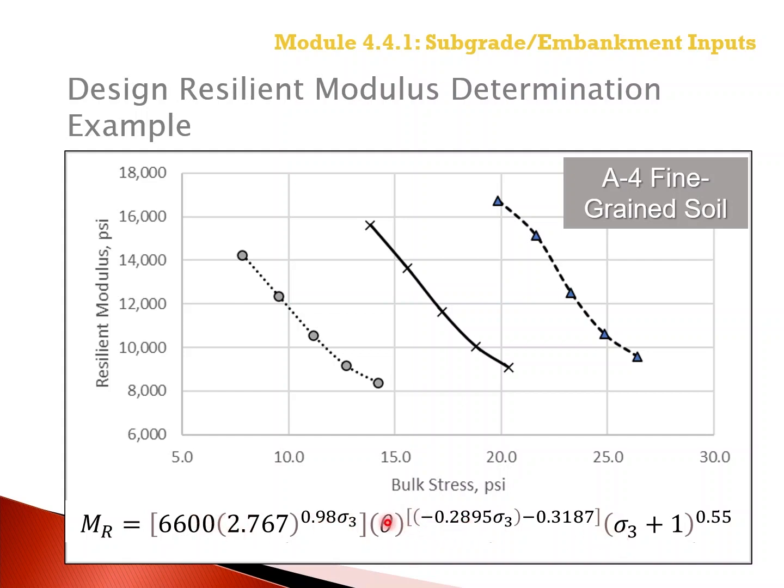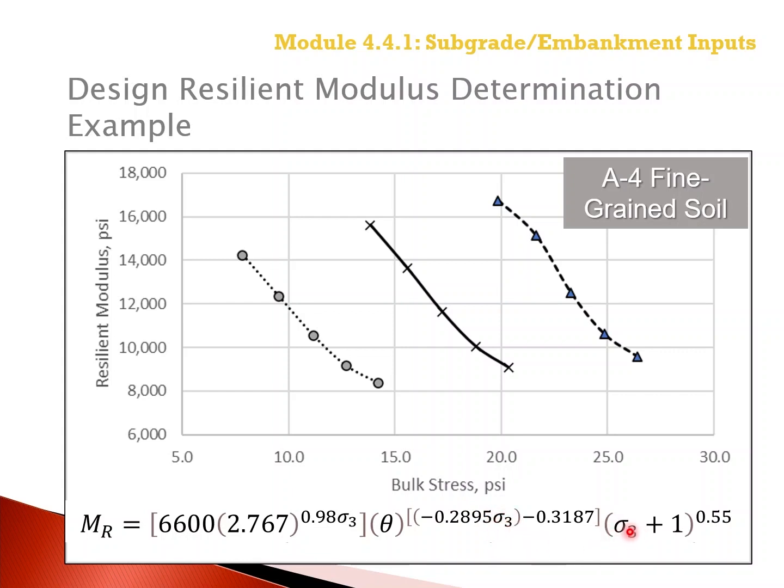This is a typical example where we have the initial intercept of modulus raised to a power based on the confinement, and that's multiplied by the bulk stress to the power, which is also dependent upon the confinement.